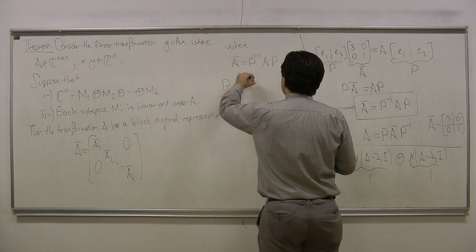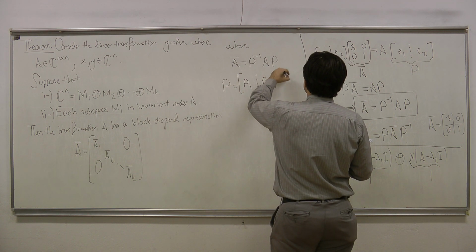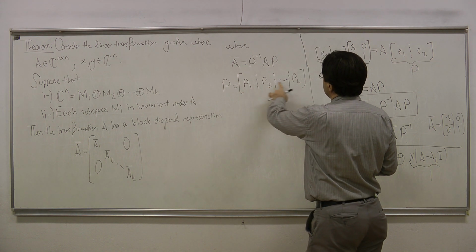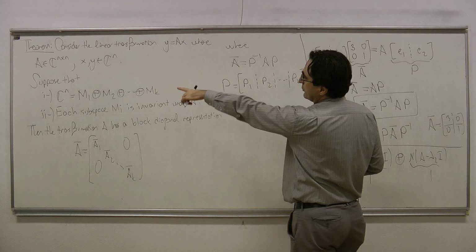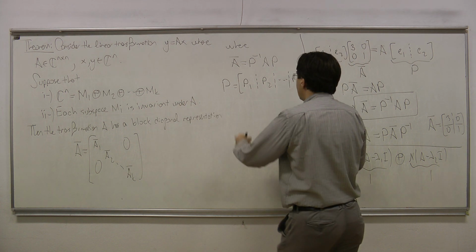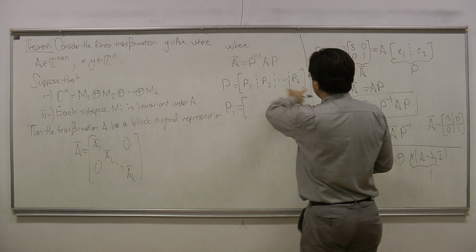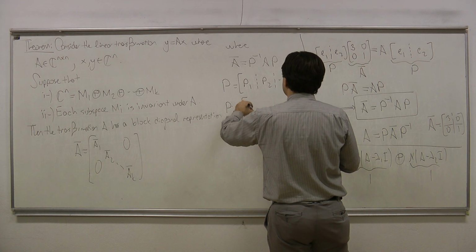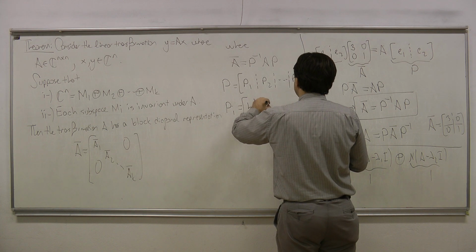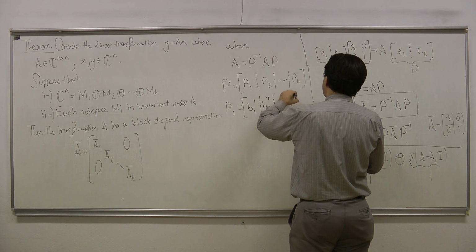So I have P1, P2, up to PK. These contain the columns of the basis vectors of each of these subspaces, and each of these matrices Pi would contain the basis vectors of the ith subspace, bi1, bi2, going until bi ni.